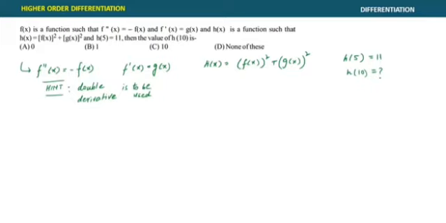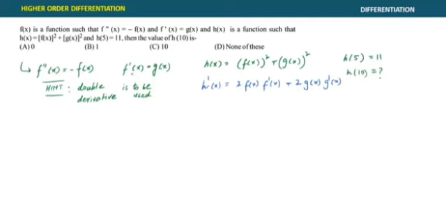So if we start doing this activity over here, it becomes h dash x is equal to 2f(x) f dash x plus 2g(x) g dash x, right? Okay, now we know some values.